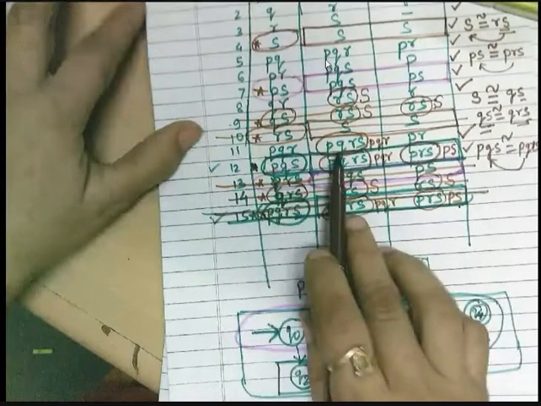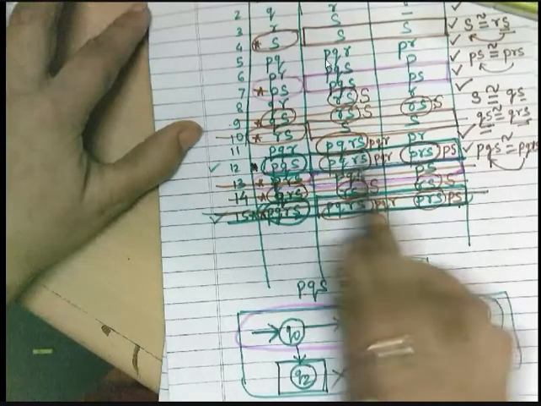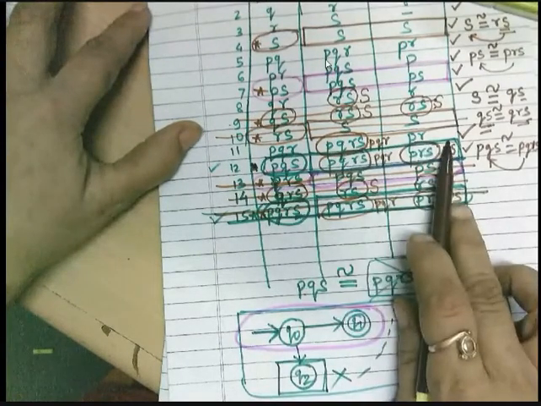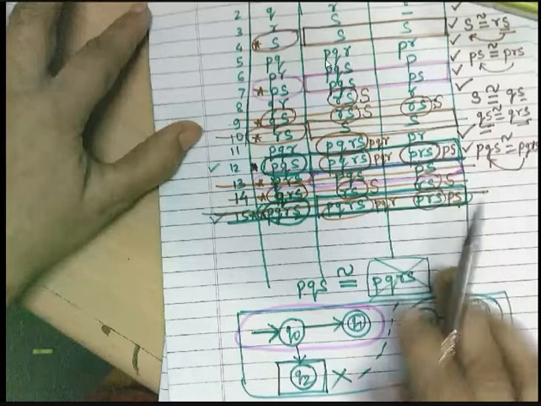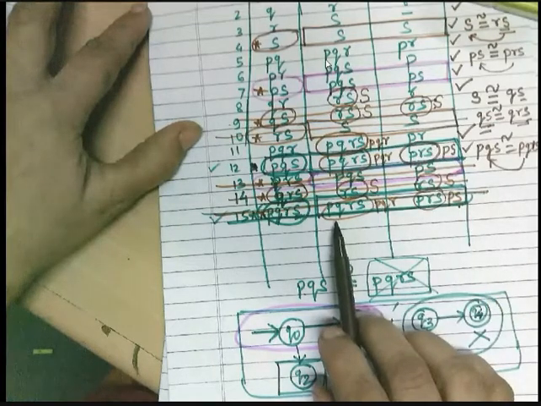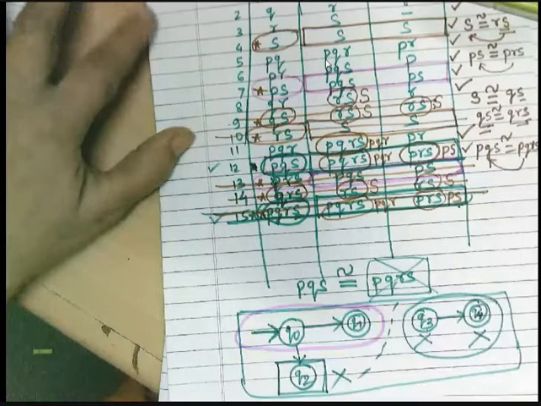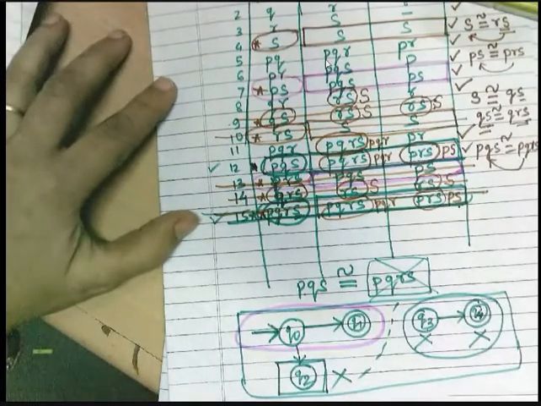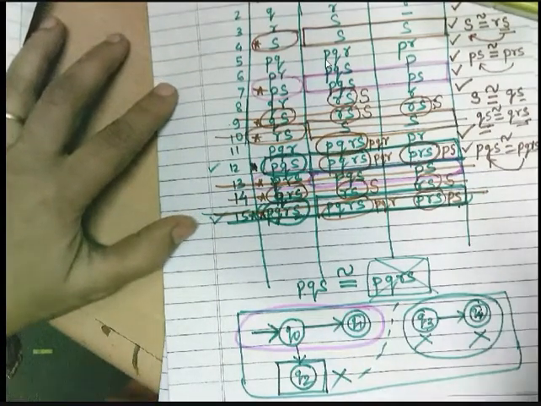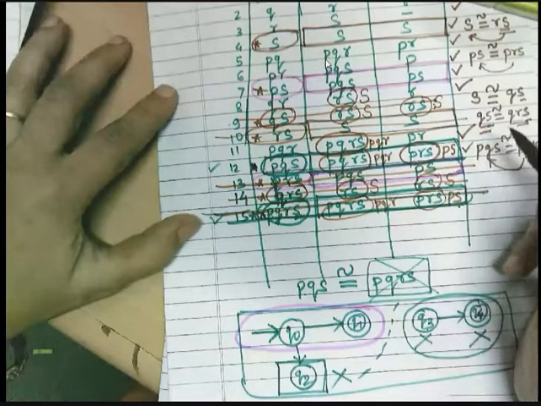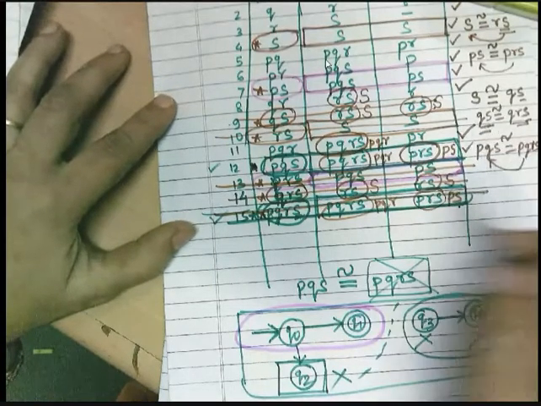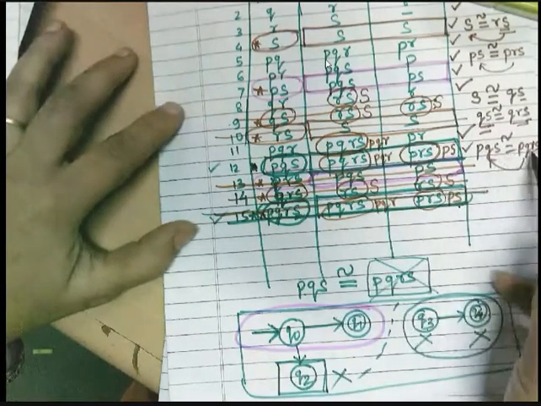It is having entry as PQRS, PQR and PR. But PQRS is equivalent to PQS and you have written PQR. Acha, acha. Here the mistake is there. Okay. Right. So PQS is equivalent to PQRS.